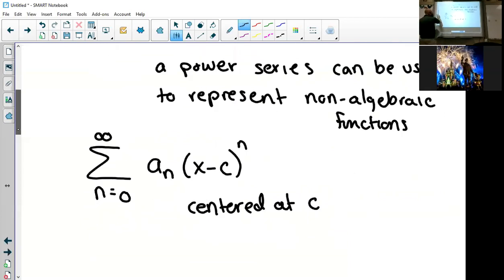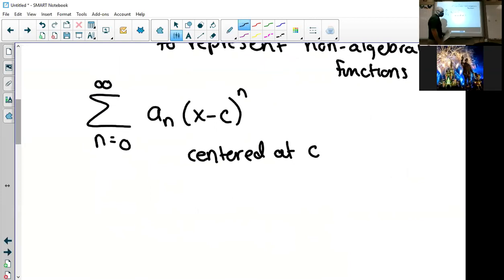Just like the Taylor-Maclaurin polynomial approximates the value, at that center is where it touches and where it's going to be exact. So this is an example of a power series.